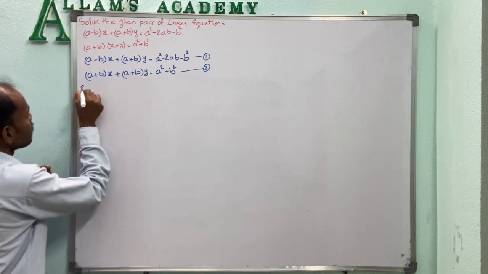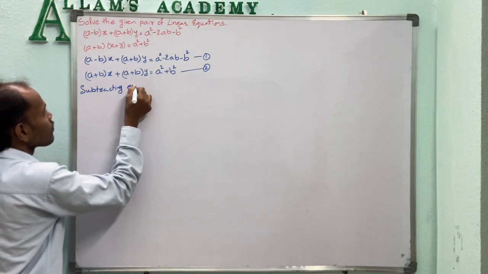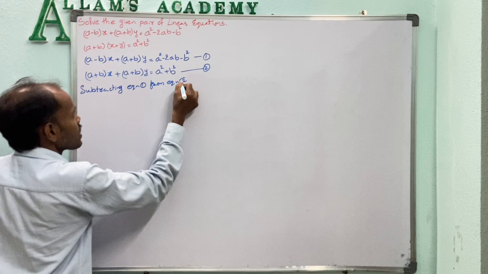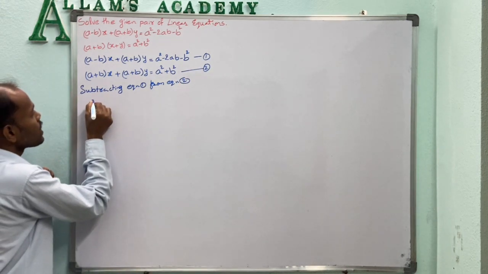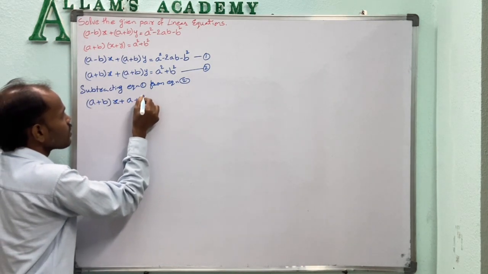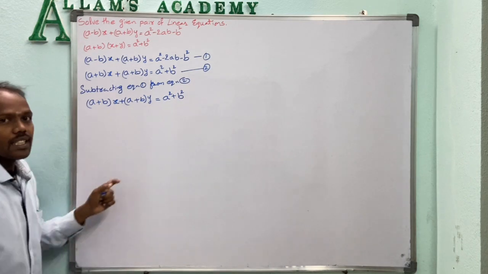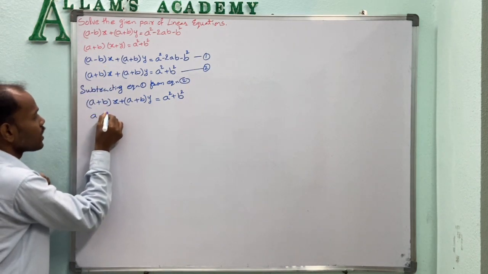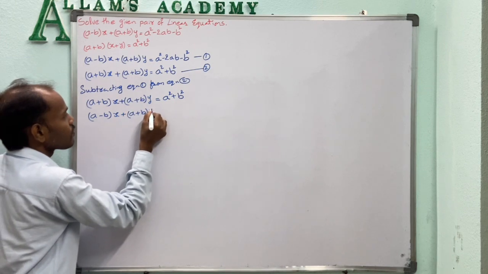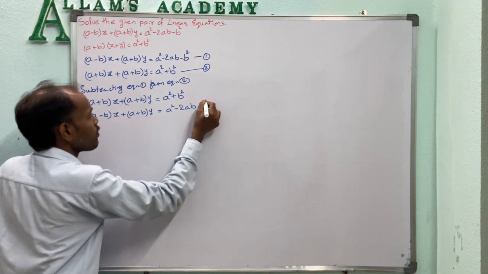So for that purpose we follow the second method, that is the elimination method. Subtracting equation 1 from equation 2: (a + b)x + (a + b)y = a² + b², and the first one (a − b)x + (a + b)y = a² − 2ab − b².